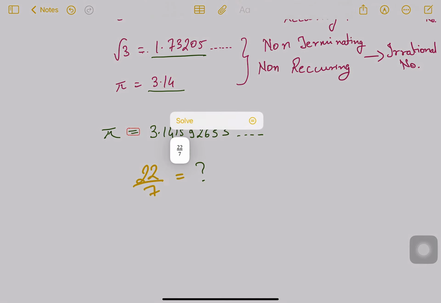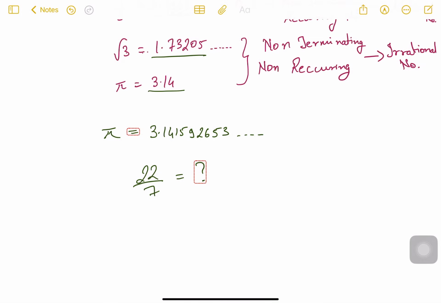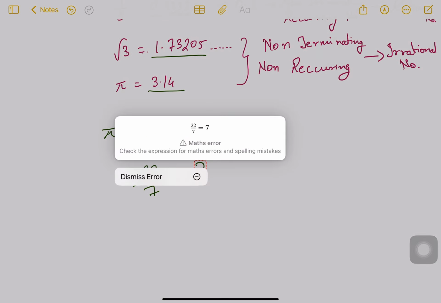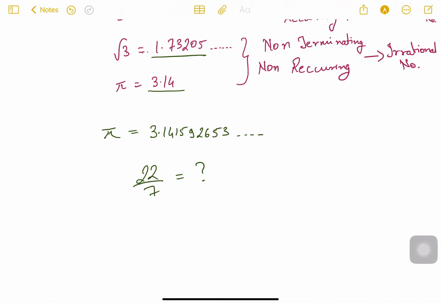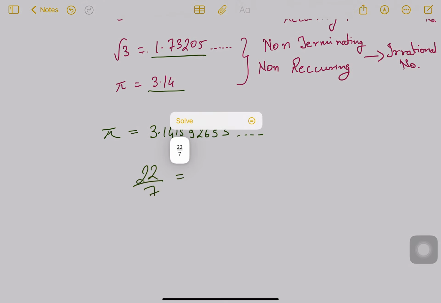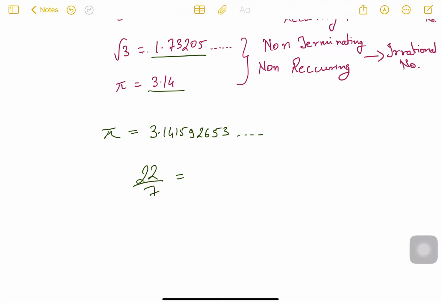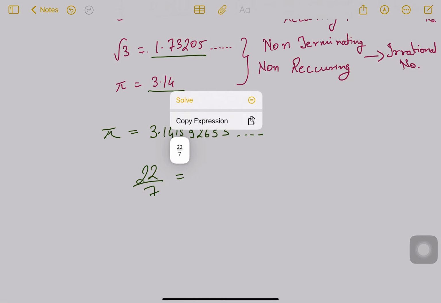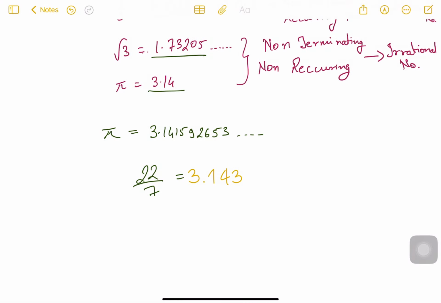Let's work together and let's find it out. What is the value of 22 by 7? Okay, solve.